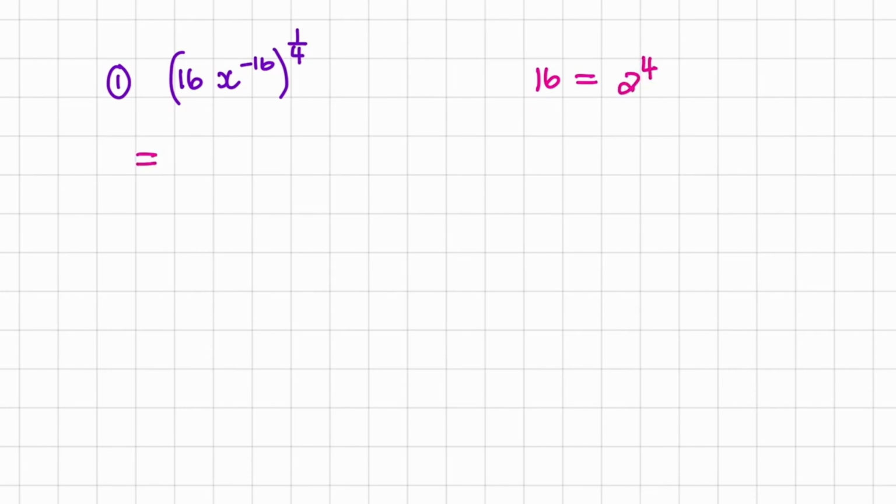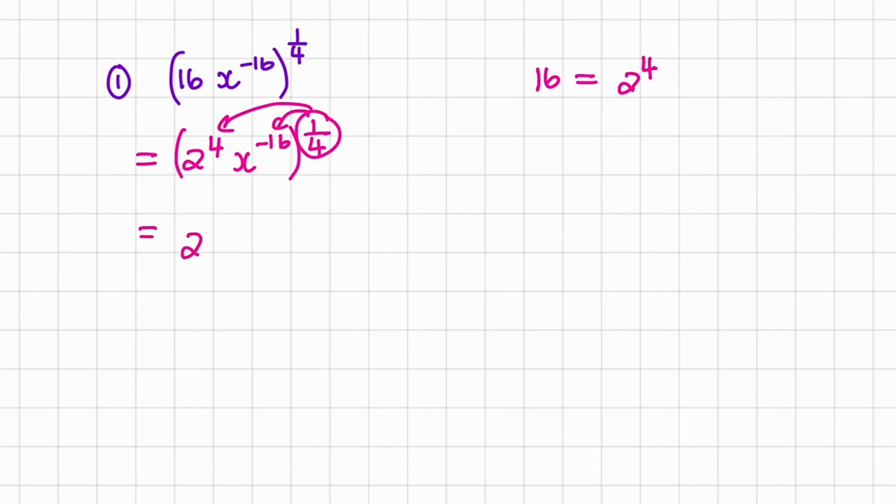So we actually have 2 to the power of 4, x to the power of negative 16 raised to the power of a quarter. And now we can multiply this quarter with the exponents of the 2 and the x.